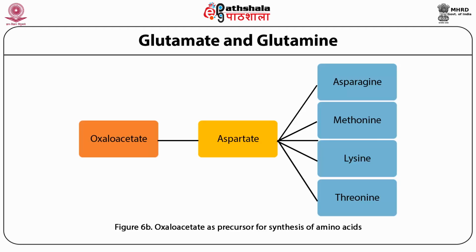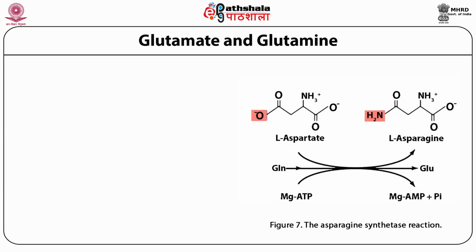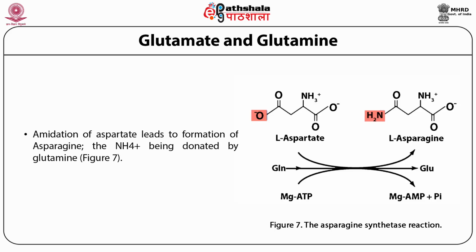Oxaloacetate is the precursor of asparagine, methionine, lysine, and threonine. The figure shows the asparagine synthetase reaction. Amidation of aspartate leads to the formation of asparagine. The NH4 is donated by glutamine.